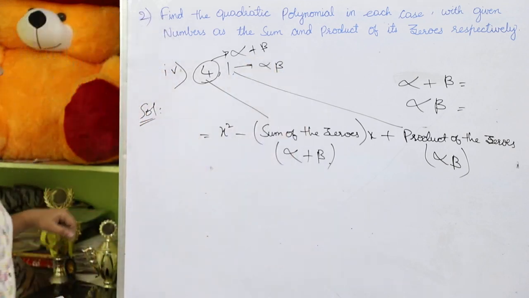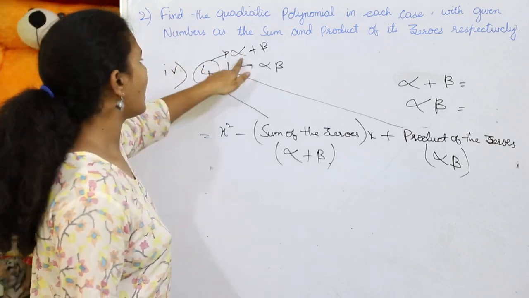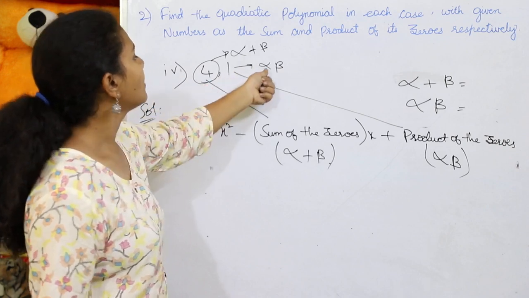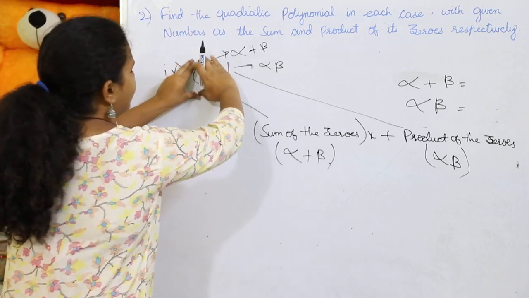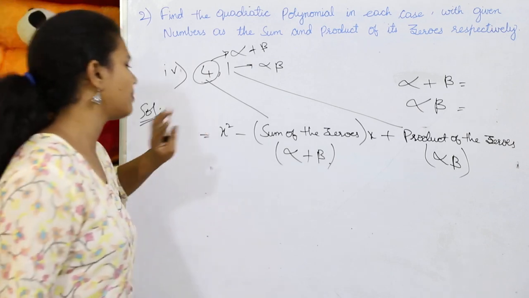So when 4 has a strong relationship with alpha plus beta, and 1 has a strong relationship with alpha into beta, you try to take the value and substitute over here, but the most important thing is you should remember the formula.